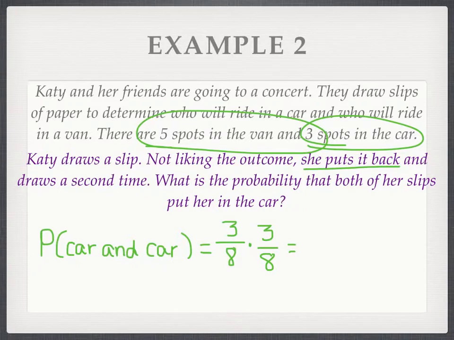So the probability is the same for the first and the second. That makes it independent, and this would work out to be 9 out of 64, or I don't have a calculator in front of me, but whatever that decimal is. If you wanted to figure out the decimal, you could. It's going to be about 1/8, about 0.125, but not exactly.